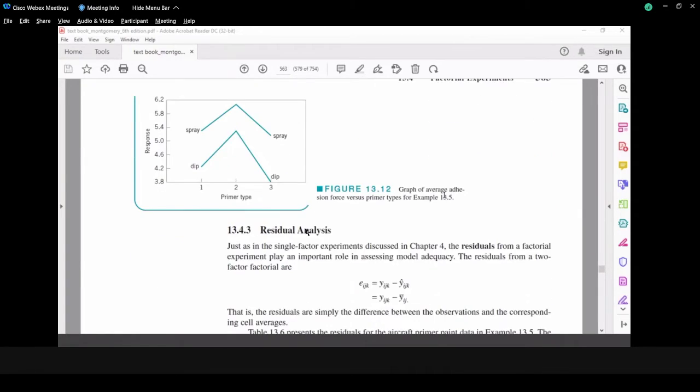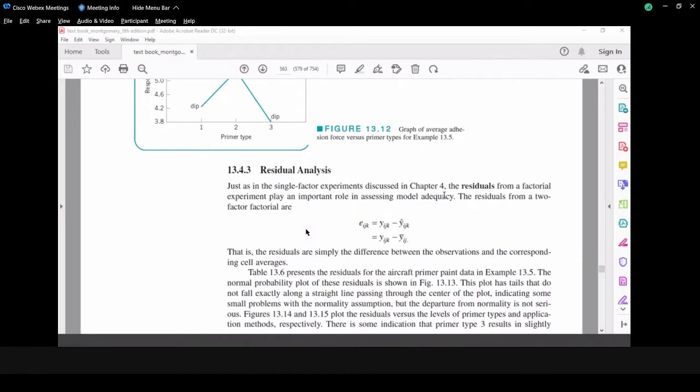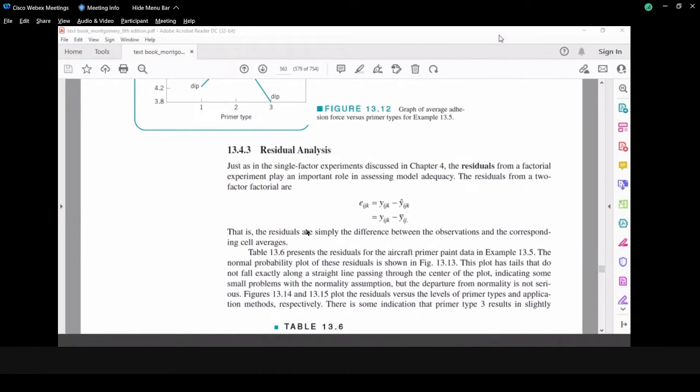Before I calculate the mean, I'll complete this first. How to calculate the error? Read also. Error here, they call it residuals. The residual e_ijk is the actual observation minus y bar ij dot.